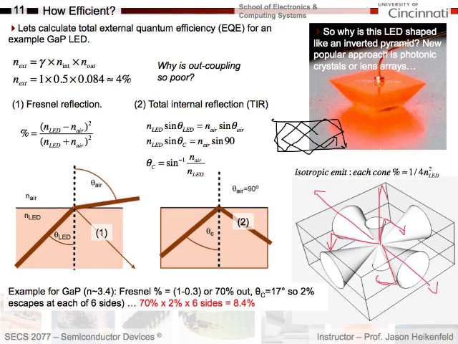However, if I change the geometry like this, every time it hits a curved surface, you could say, oh, now it's more normal to the surface, it can get out. And if it can't get out, every time it hits the curved surface, it slightly adjusts the angle until eventually it finds an angle where it can escape. And so that's why they use this inverted pyramid geometry. It's to help get the light out and to avoid this effect of total internal reflection.